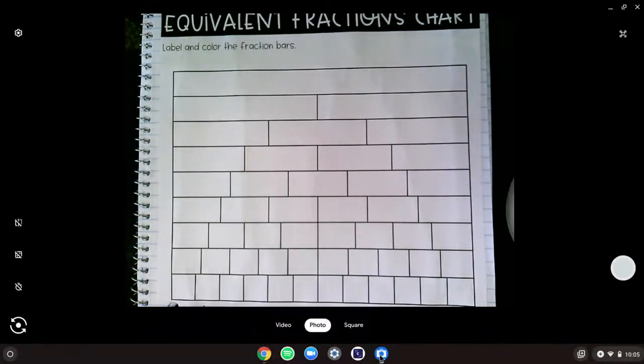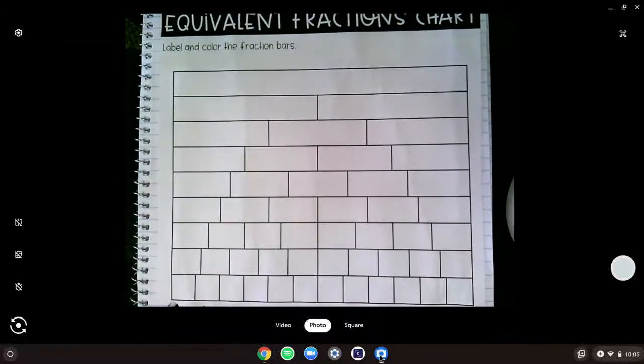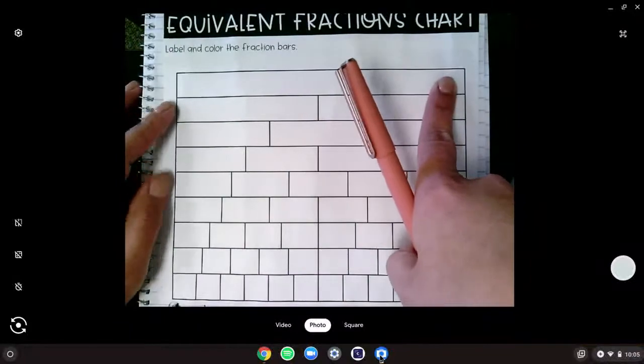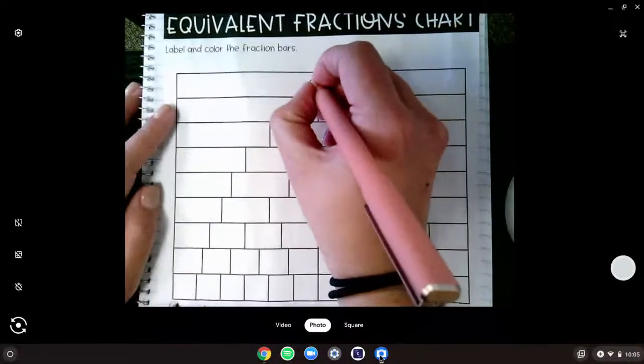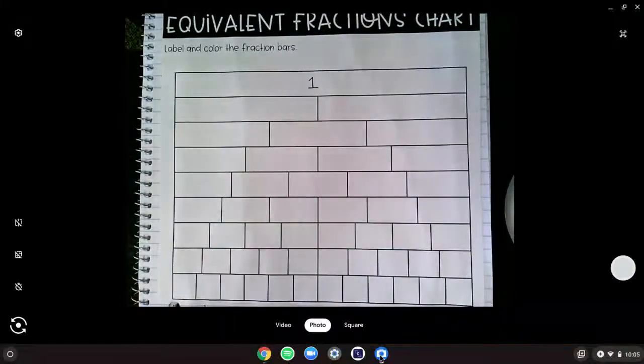That way we don't have to worry about the crayon resisting. When we are talking about fractions, remember they are parts that are smaller than 1, right? Than a whole. So if you notice this first bar up here, it's whole. So in the middle of it, let's put a number 1. It's not broken up. That's what we are comparing everything against.